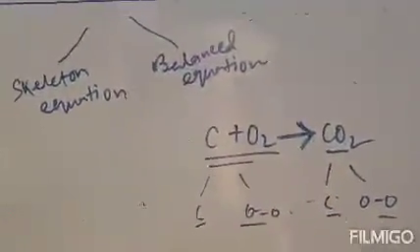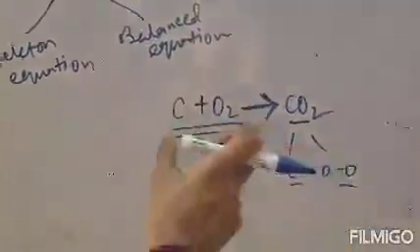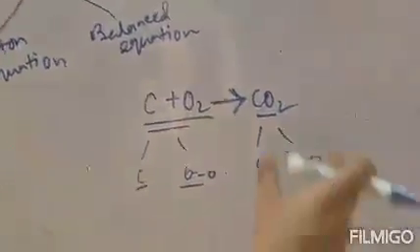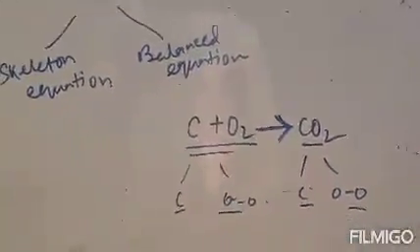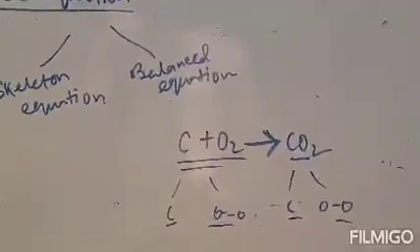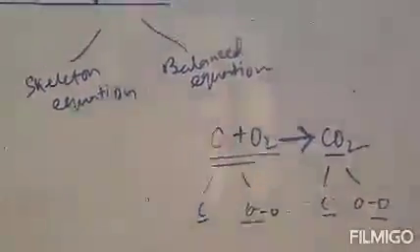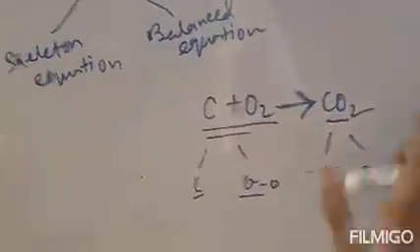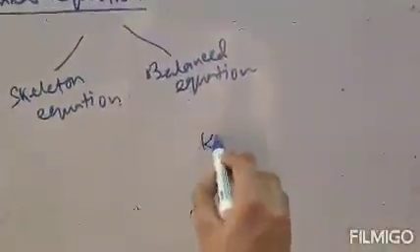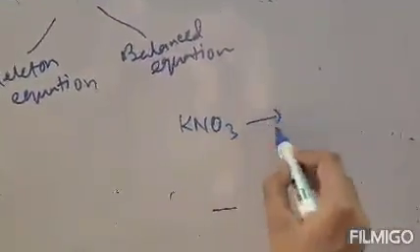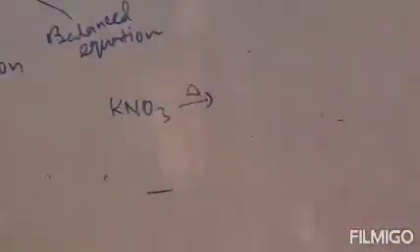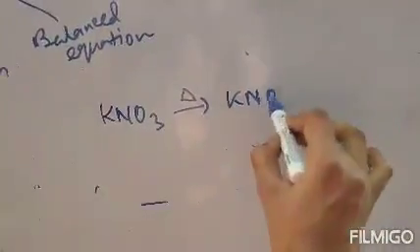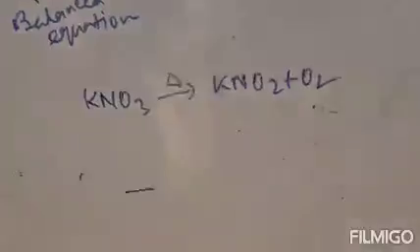A skeleton equation will have atoms on the reactant side and the product side that are not the same. That equation will be known as a skeleton equation. For example, suppose potassium nitrate, KNO3: if you apply heat, it will split into KNO2 plus O2. Clear?